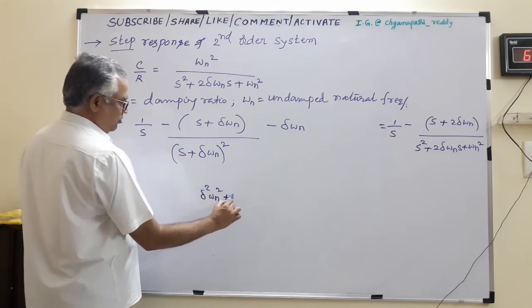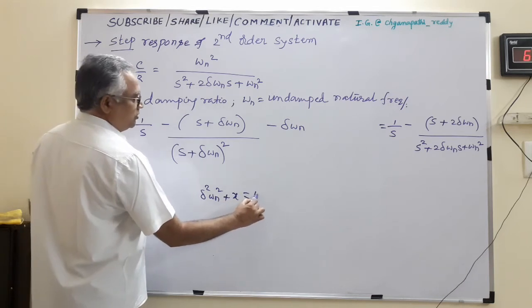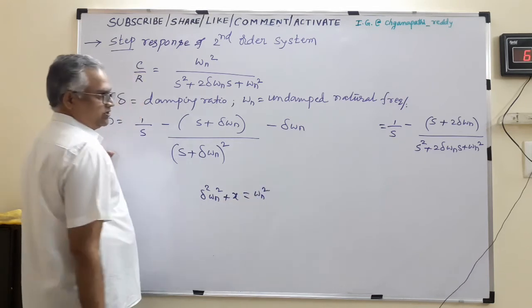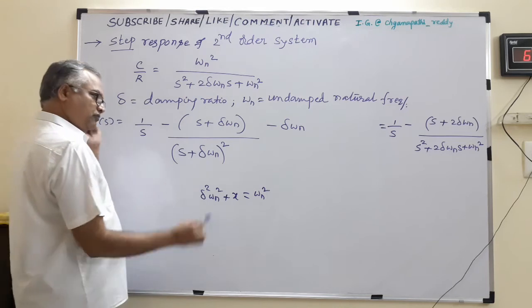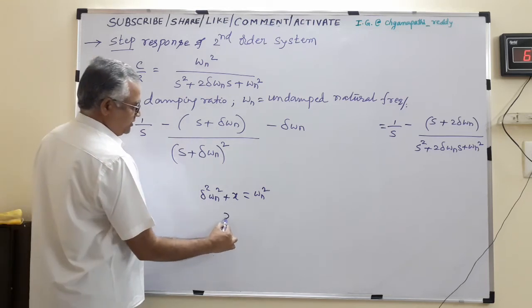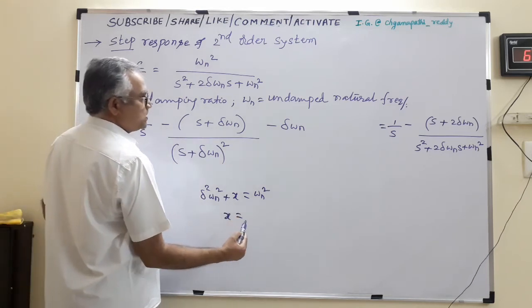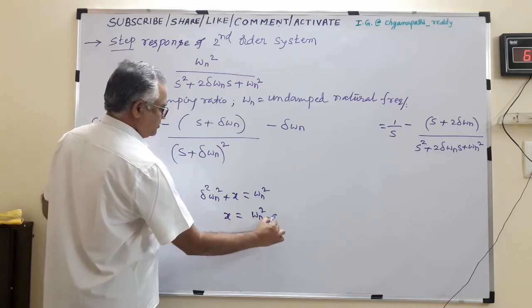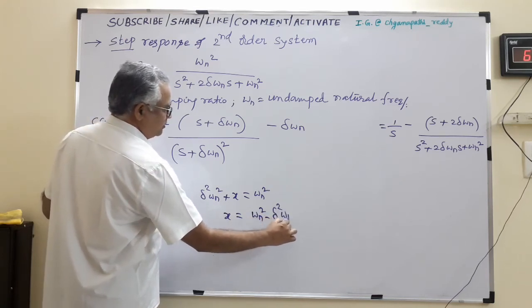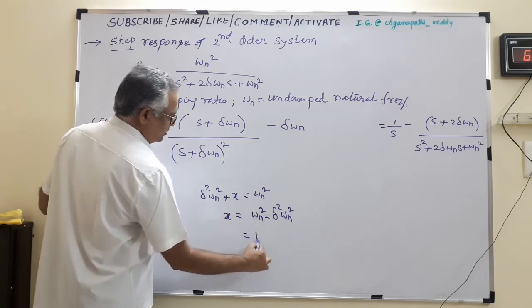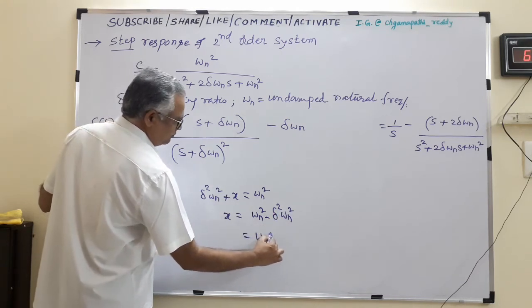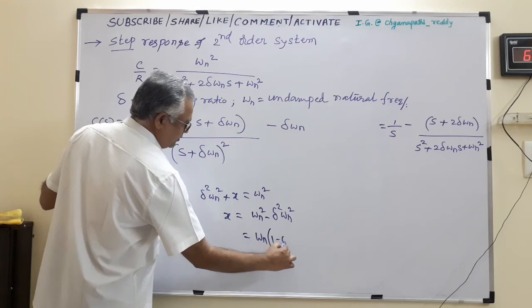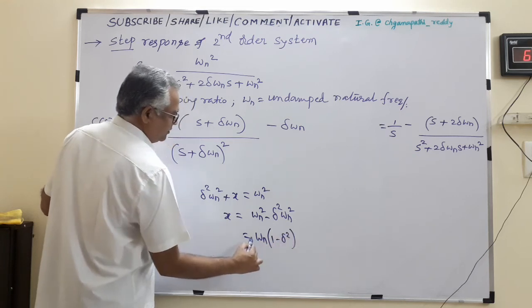For what value of this should we get omega n square, because the end answer should be the same. So what is x from this? Omega n square minus delta square omega n square. This is nothing but omega n square into 1 minus delta square.